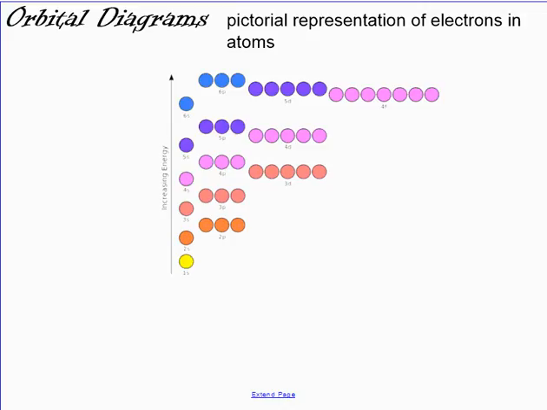Each circle represents an orbital in an atom where electrons can be found. I'm going to go back to our analogy of the hotel for our atoms. Keep in mind that the floor of the hotel was the main energy level or the main shell.